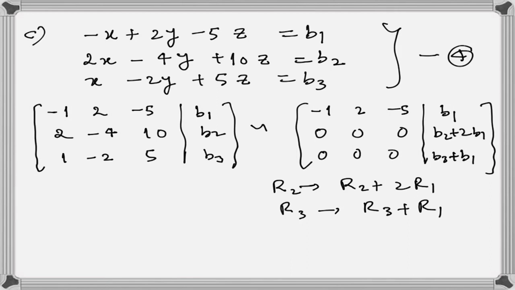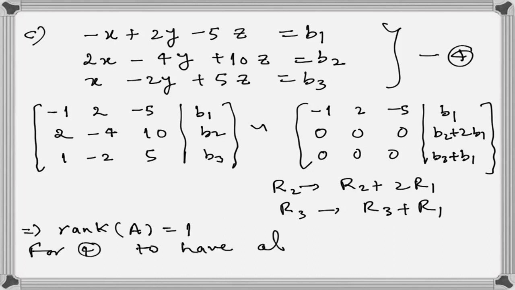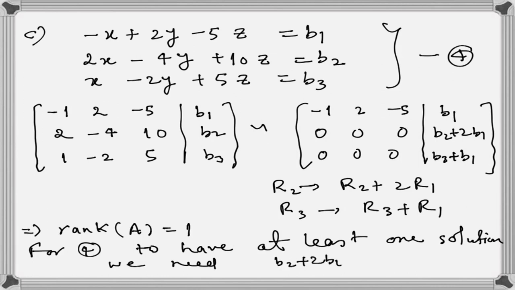So here this implies what? This implies the rank of A is 1. So for this system to have at least one solution, we need both b2 plus 2b1 is 0 and b3 plus b1 is equal to 0.